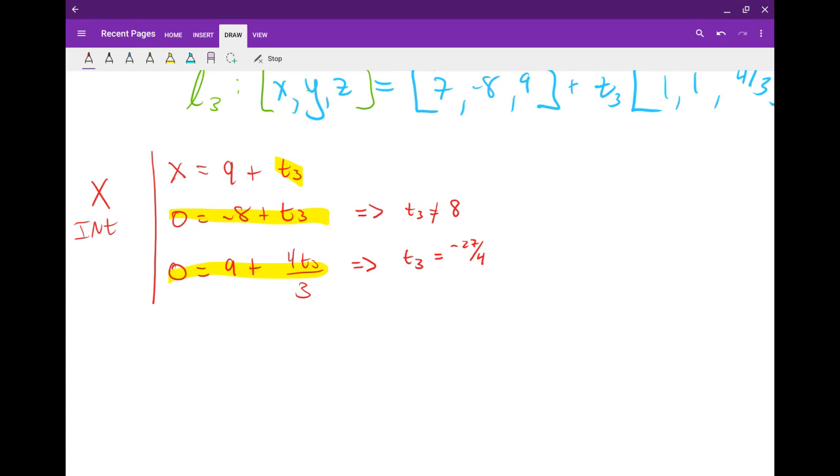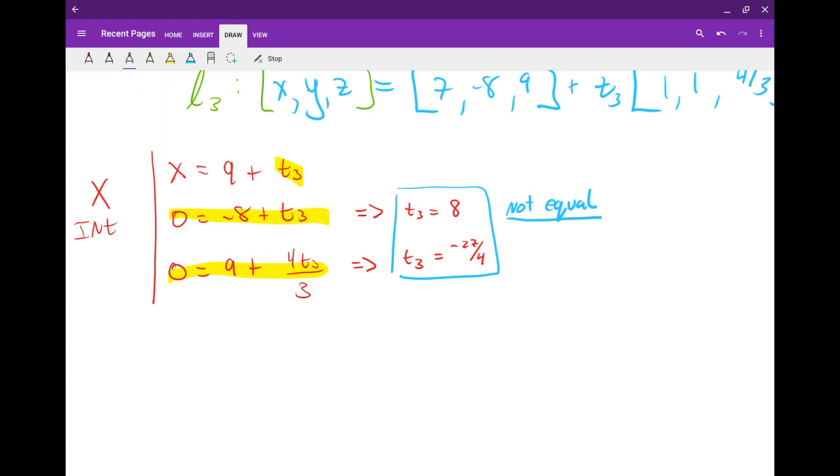And basically, these guys, no, I didn't want to do that. I just want to write that these are not equal. Okay. And why is that the case?